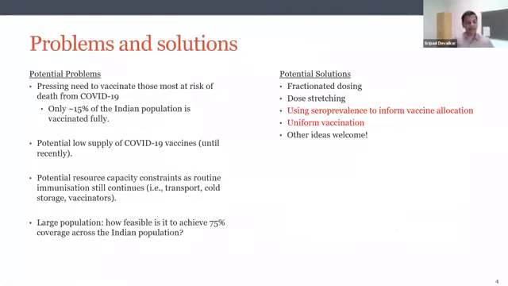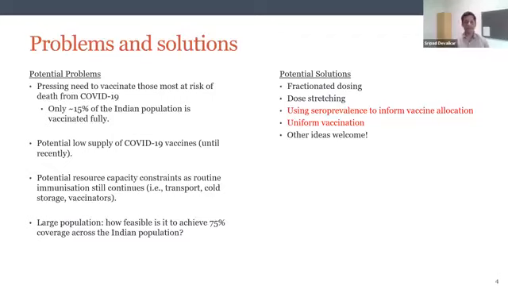So in that sense, the issues that we are trying to deal with as part of managing this vaccination is that there is limited supply of vaccines, and there's also a resource constraint. What I mean by resource constraint is, to be able to deliver the COVID vaccine, we need cold chain transportation, we need cold storage, and we also need trained human resources, that is vaccinators who can deliver the vaccines.